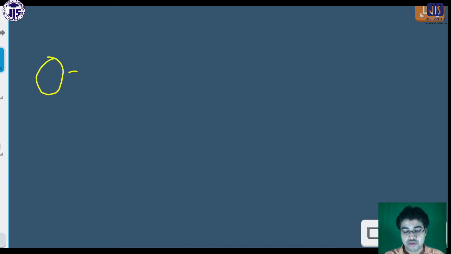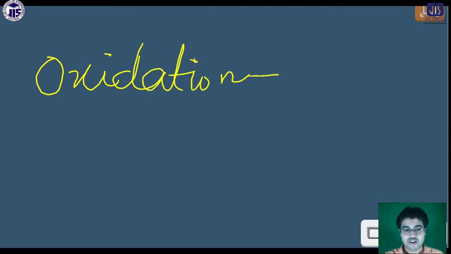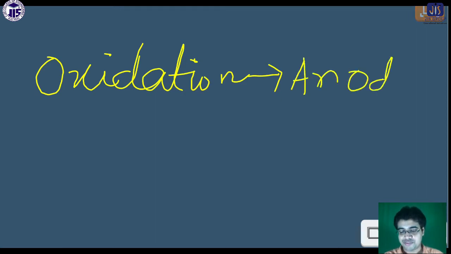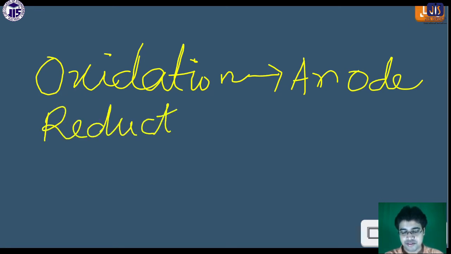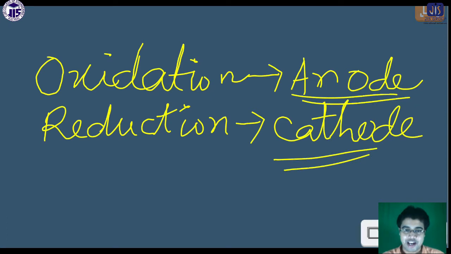Another thing you have to keep in mind: the electrode where oxidation occurs will be called the anode, and where reduction occurs will be called the cathode. You have to keep in mind which one is the anode and which one is the cathode, because this is a very important fact.